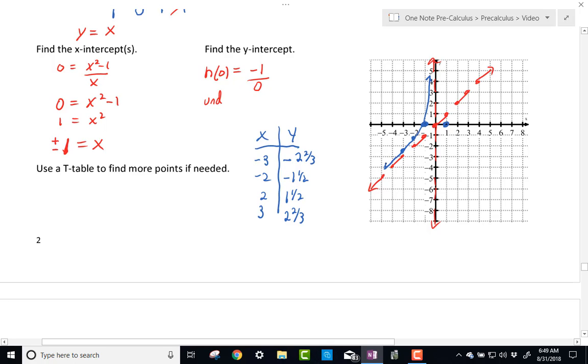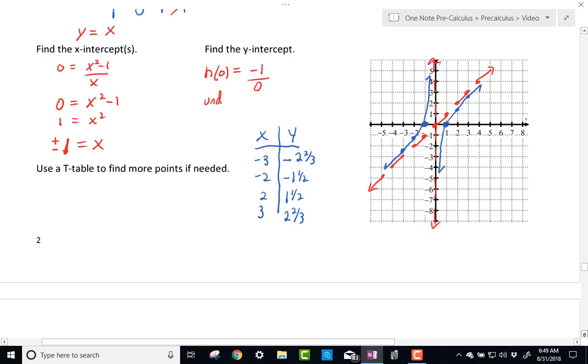So pretty extreme curve there. And the same thing is going to happen on the other side. 2, 1.5, and 3, 2 and 2/3. Look at how close that thing gets. So down against the vertical asymptote, up right against the slant asymptote, and there's your graph right there.